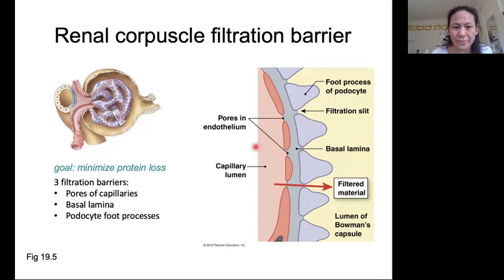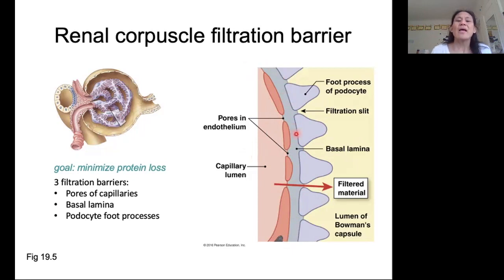So these are the pores, and that's where our water and solutes are going to move through. Okay, so that's our first barrier. Second barrier is this layer right here, in this grayish bluish color. That's the basal lamina, and the basal lamina is basically extracellular matrix. It's tightly woven enough that it's going to hold back proteins.